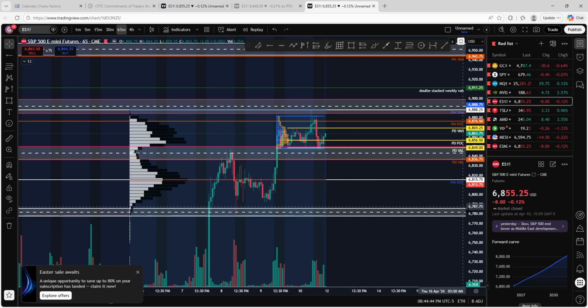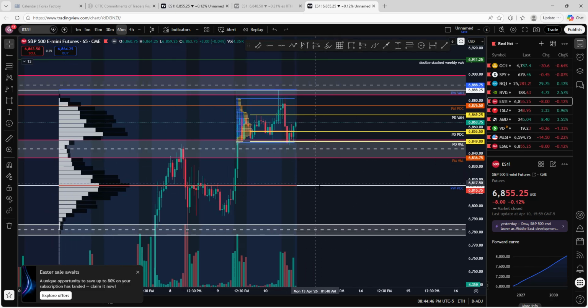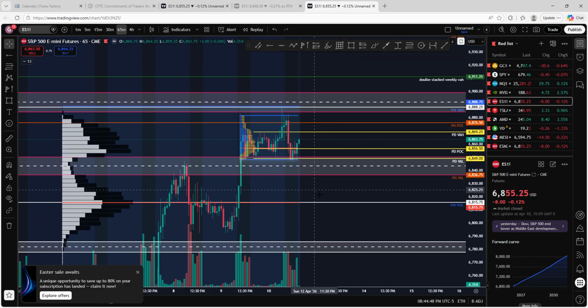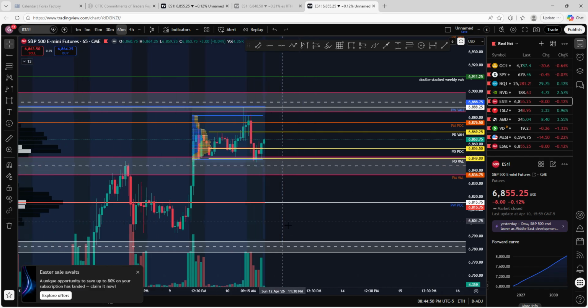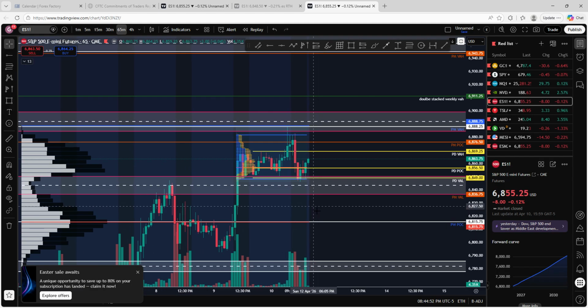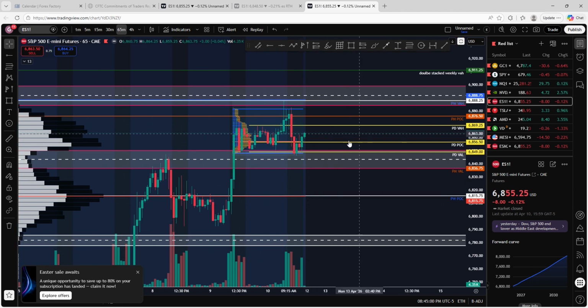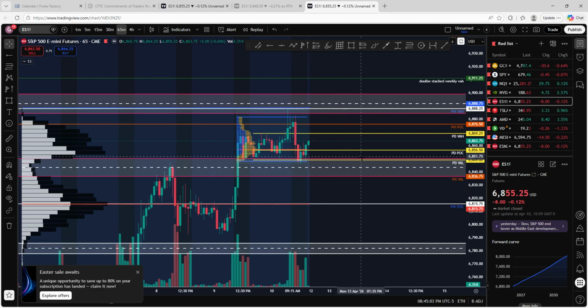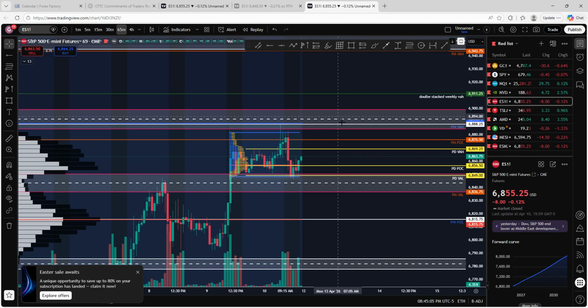What should they not do? They shouldn't lose that 840 area. Yeah, they shouldn't lose this, particularly this 836. They should stay above this 836 area here if they're going to continue to push to the upside.